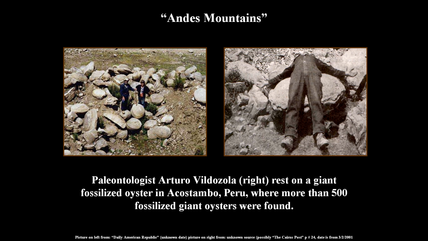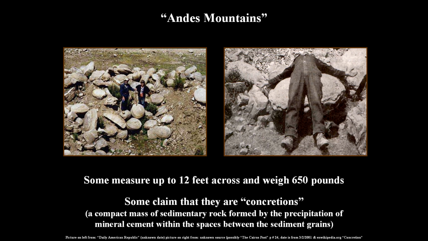Now, if you can see them there, guys, just by first looking at them, I tell you what, it does look like a big old oyster. But I'm going to give you another interpretation, which it possibly could be. Some measure up to 12 feet across and weigh 650 pounds.